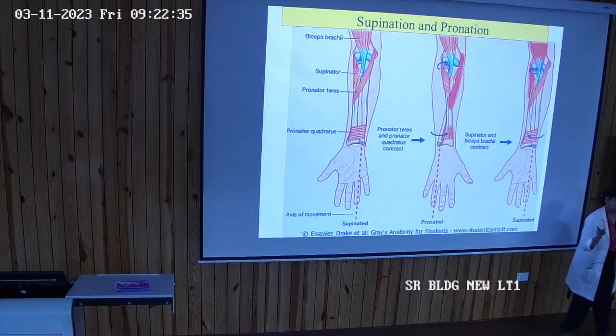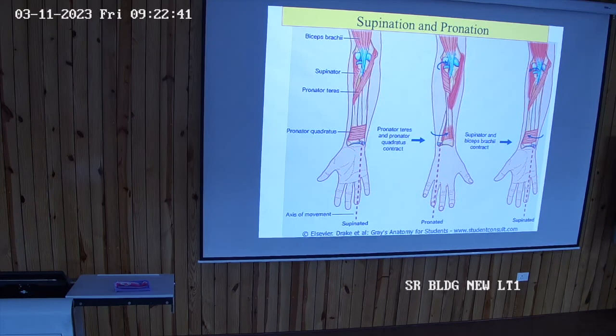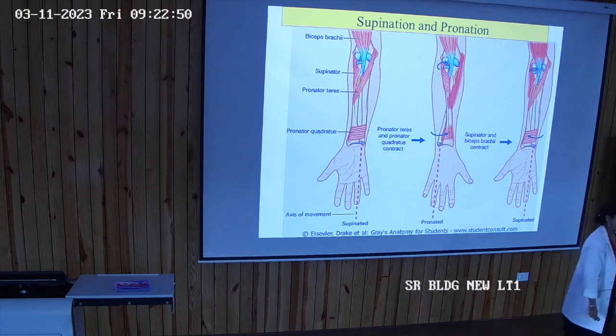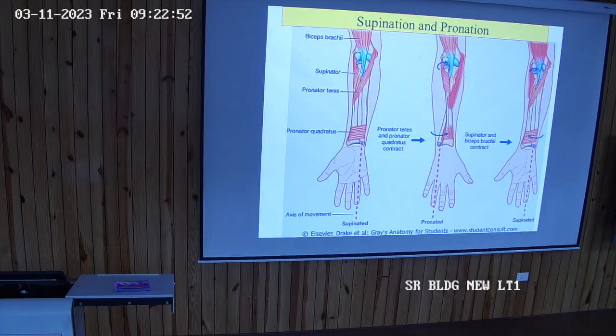Now what are the muscles that bring about these movements? For supination it is the supinator, which is the deeper muscle of the extensor compartment of the forearm, and biceps brachii, which is a muscle of the anterior compartment of the arm. So supination is brought about by supinator and biceps brachii.